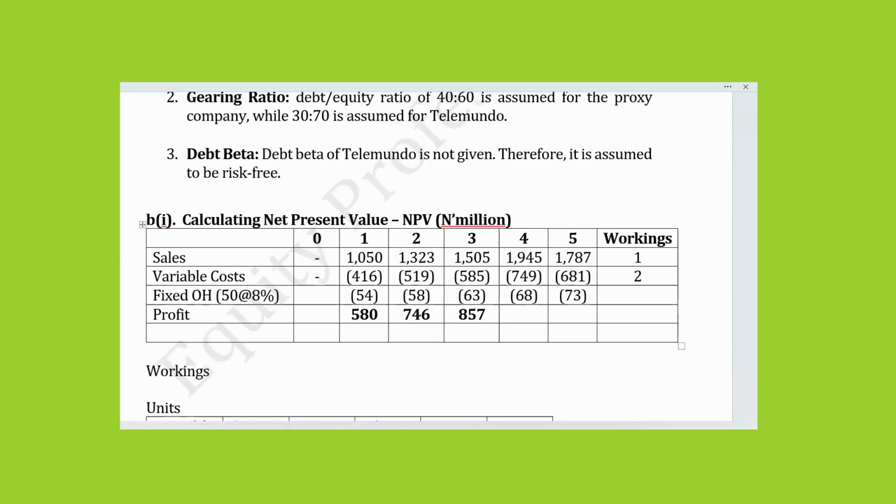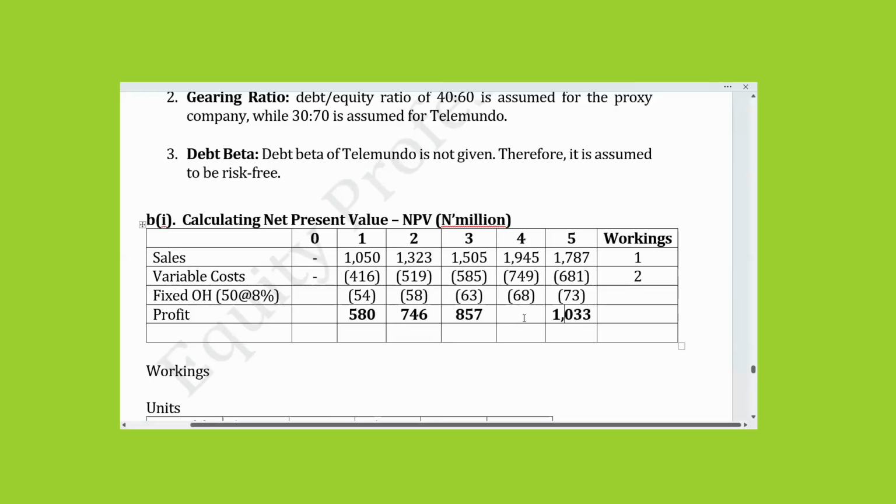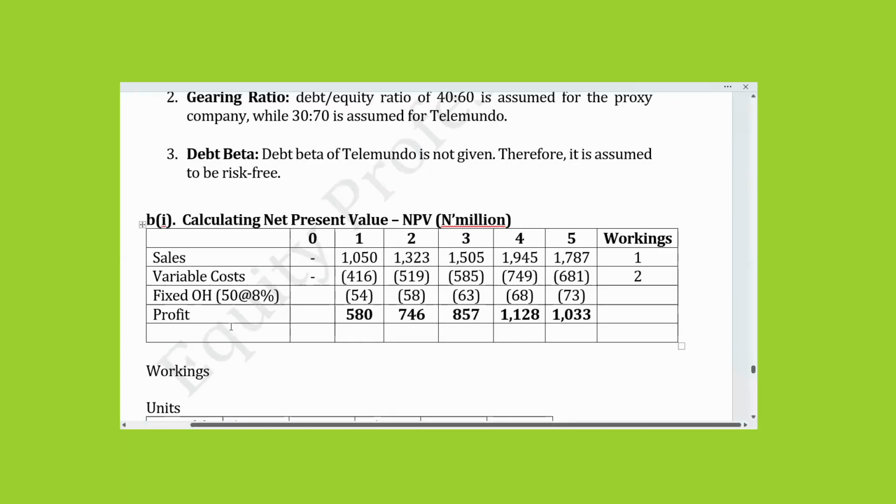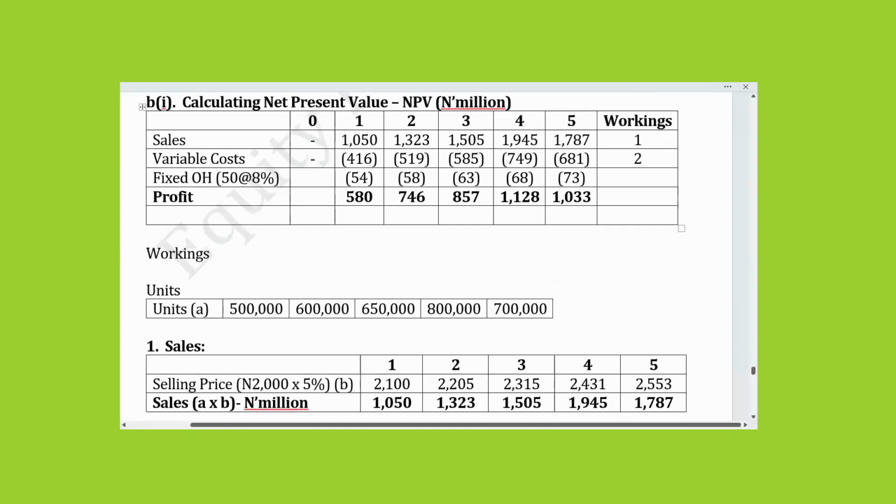Year 4, 1033. Year 5, 1128. Okay then. So this represents the profits. Immediately after profit, you are supposed to pay tax. All right, so let's go and calculate tax.